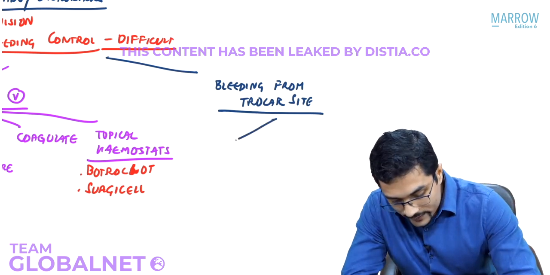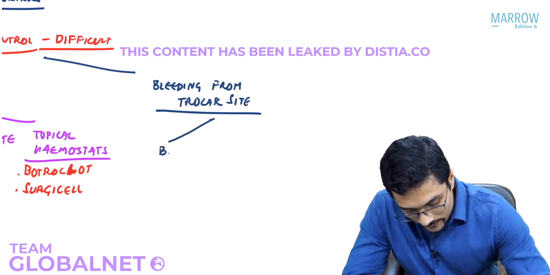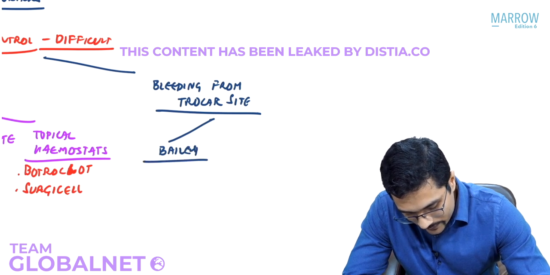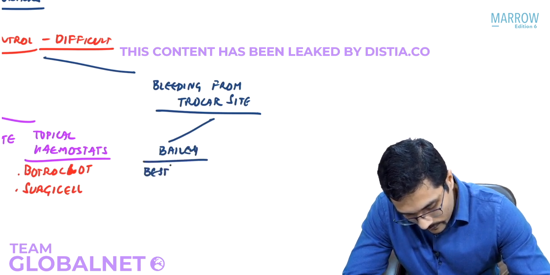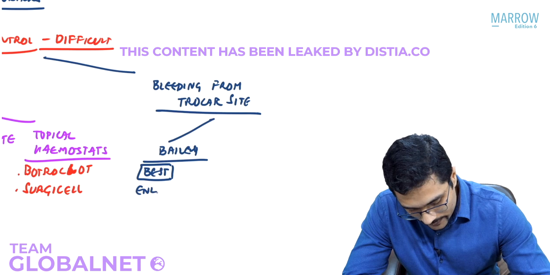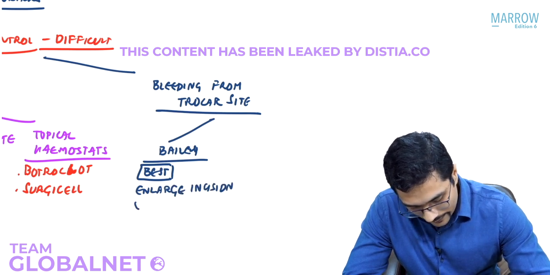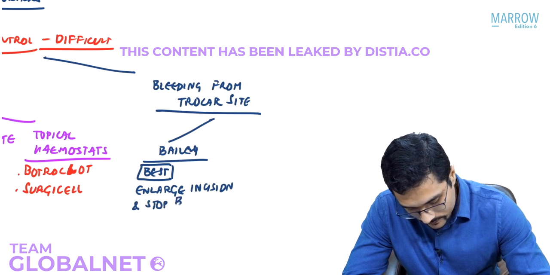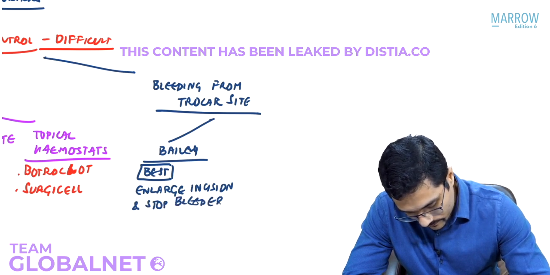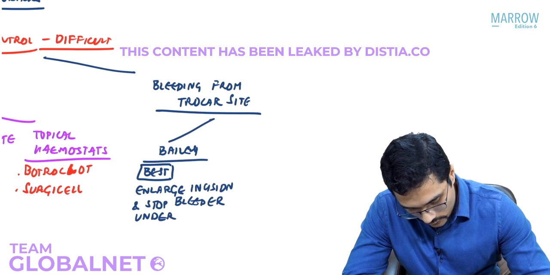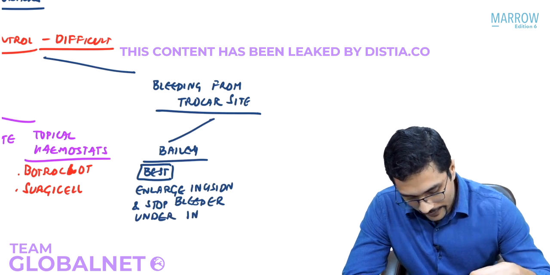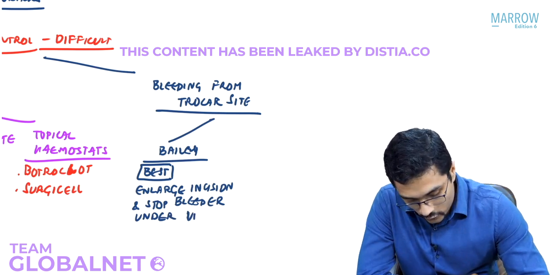In Bailey it is written that the best method is to enlarge the incision and stop the bleeder under vision. So you enlarge the incision, look for the bleeder and control it under vision.